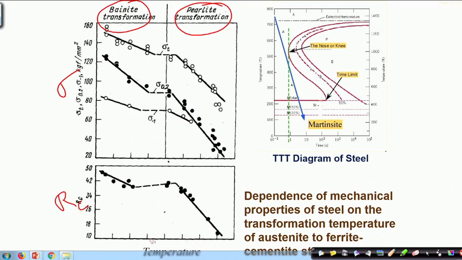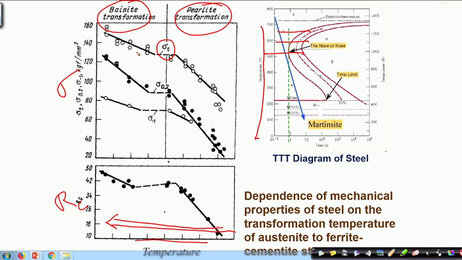So, the temperature scale here is somewhat similar to the temperature scale that you see in the TTT diagram, and what it shows is that if you start from this end, that means if you allow the transformation to take place at relatively high temperature, somewhere in this region, and as the temperature decreases, the strength properties, whether hardness or yield strength or any other strength representation, will always show higher and higher values.